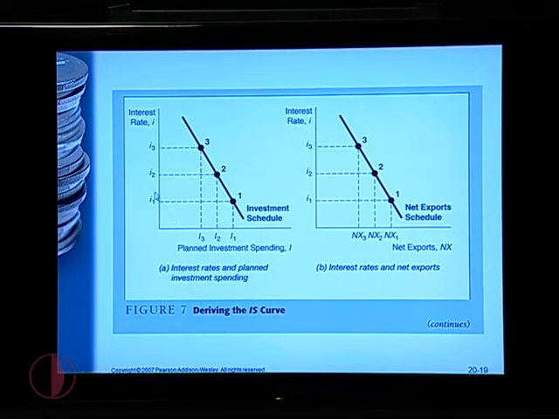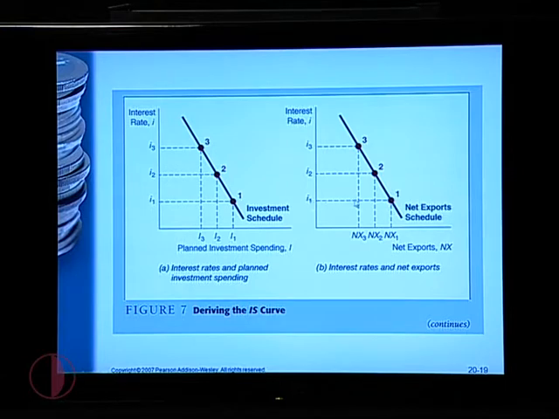But as the interest rate goes up, the level of investment decreases. When it goes to I3, the level of investment decreases further. This proves the negative relationship between interest rates and investment spending, or planned investment.